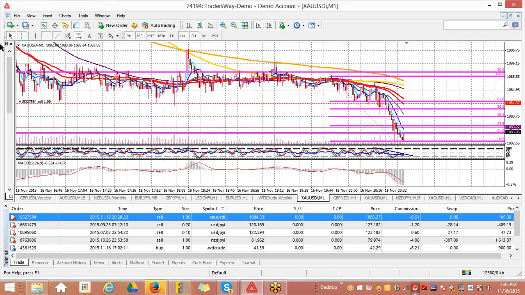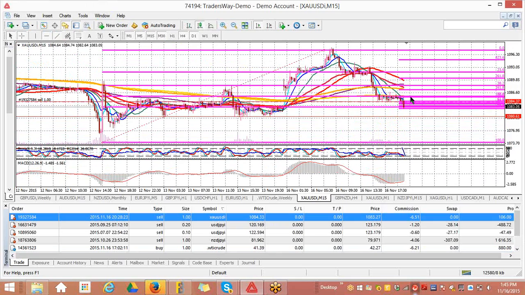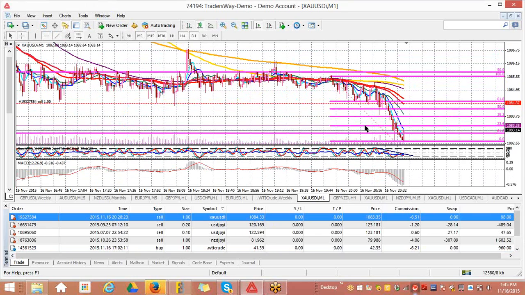We just had a 15-minute bar come in. And you could see that it did try and reach the 23 here, or the 10 moving average.